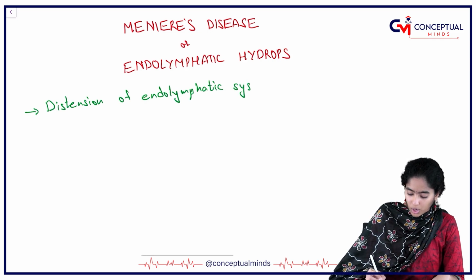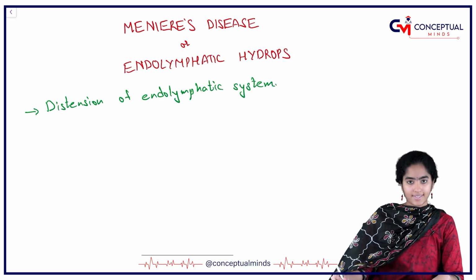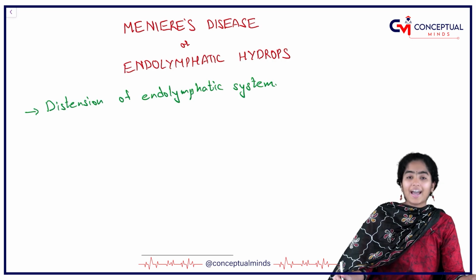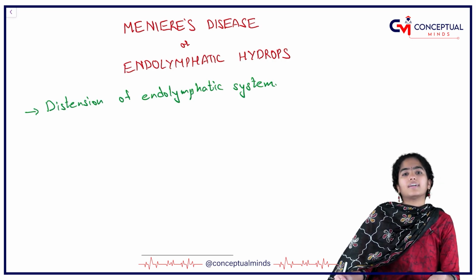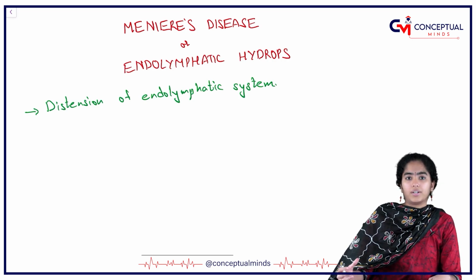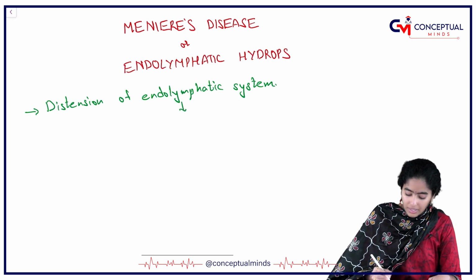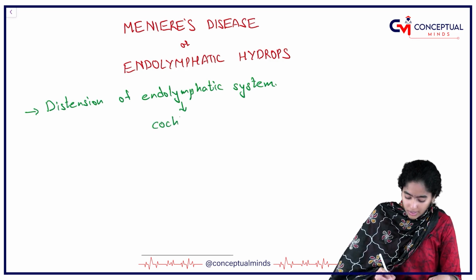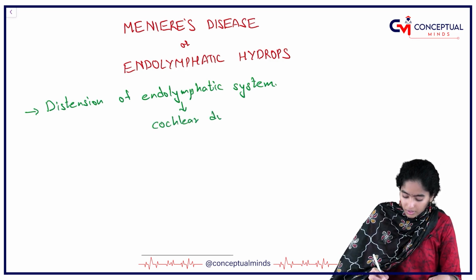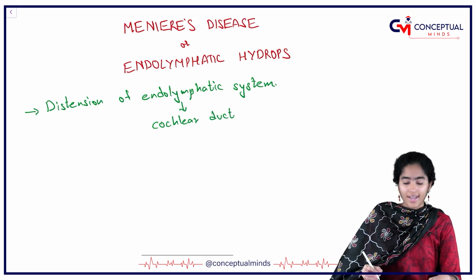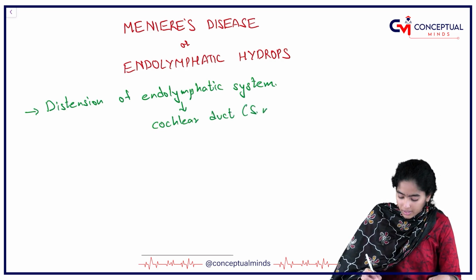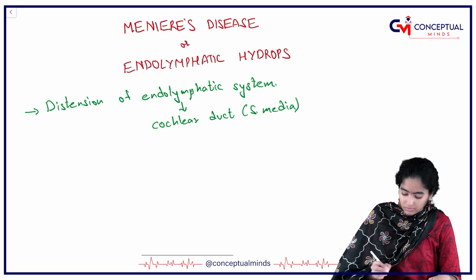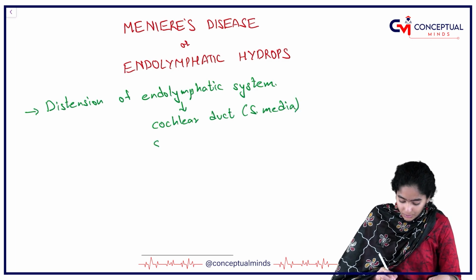And you know what all comprise the endolymphatic system? The basic pathology is a distension of the endolymphatic system, and the main structures affected are the cochlear duct, also called scala media, and the saccule.